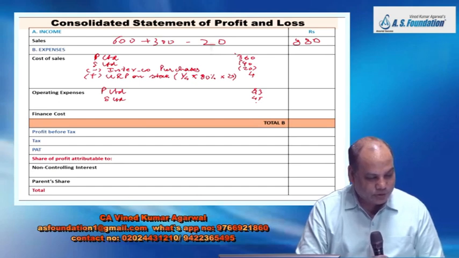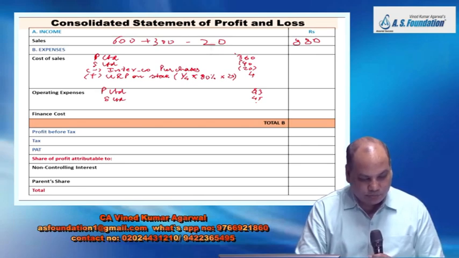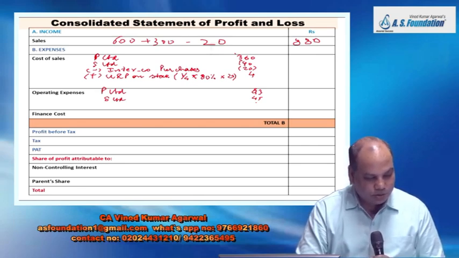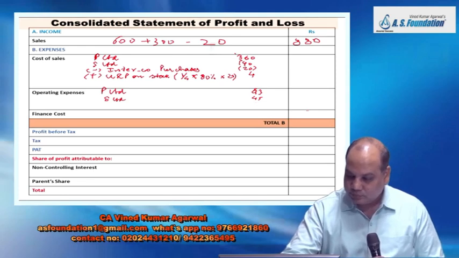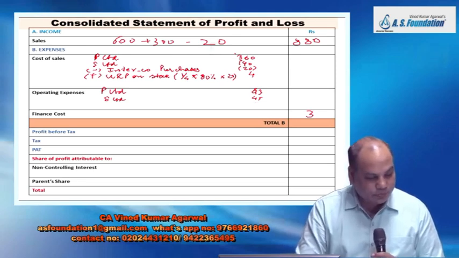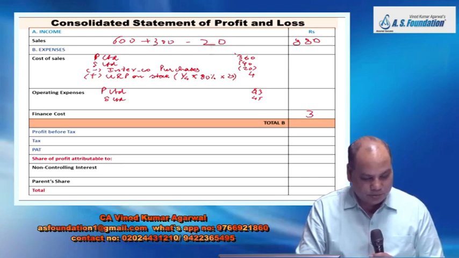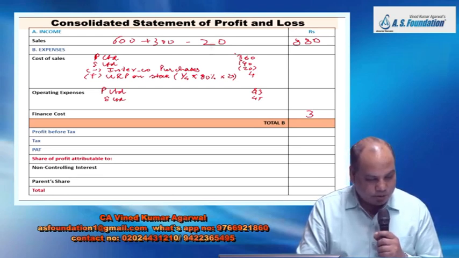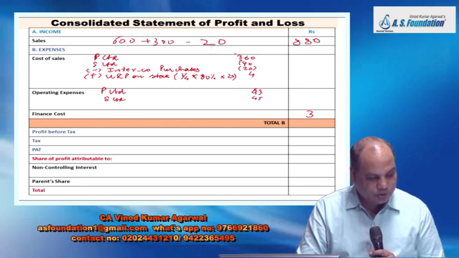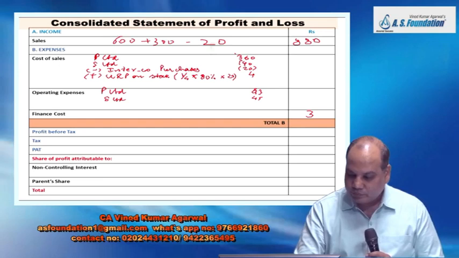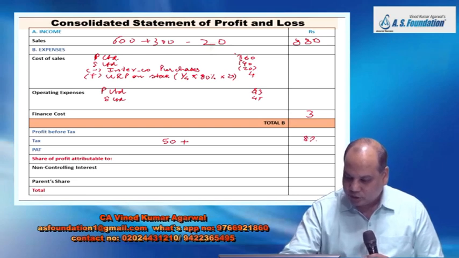Next line, finance cost. Finance cost has no adjustment. So you take the total. Is it 3? 3 in the outer column. PBT will be calculated later. Tax, there is no adjustment. Tax is 50 plus 32, 82. So write 82.